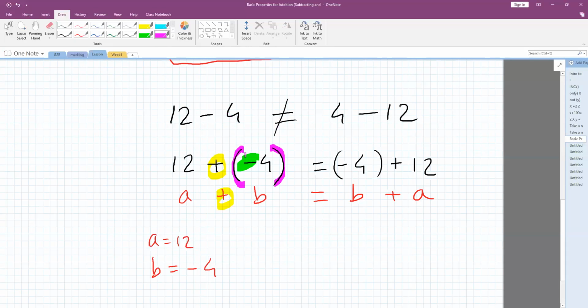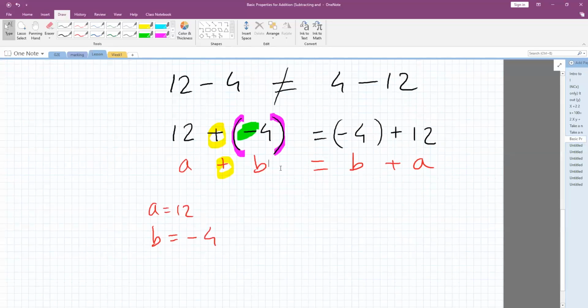And negative numbers are less than 0. So what happens is like this.